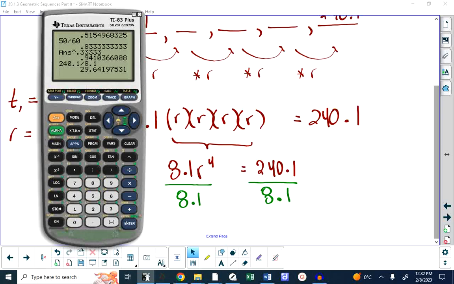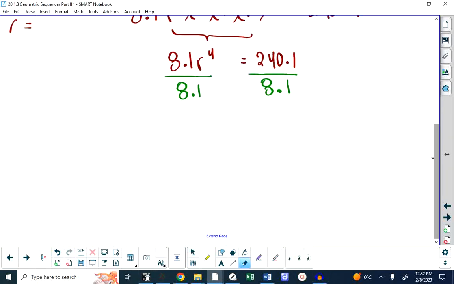And I can't tell by looking at this what I believe is going to happen, but looking at what we have to do in the question, I suspect we get a fraction that's pretty good, 2401 over 81. That's not bad. So r to the 4 equals 2401 over 81.